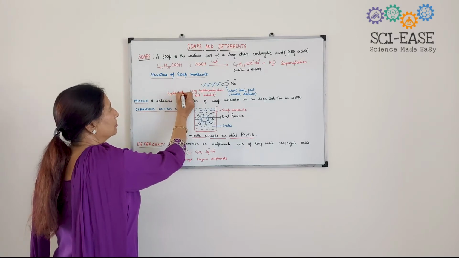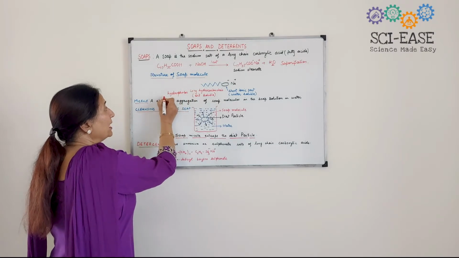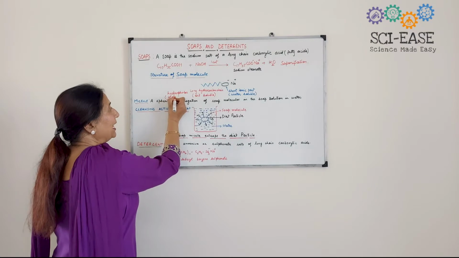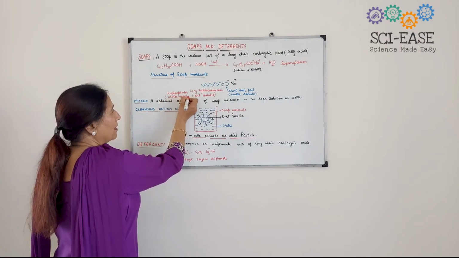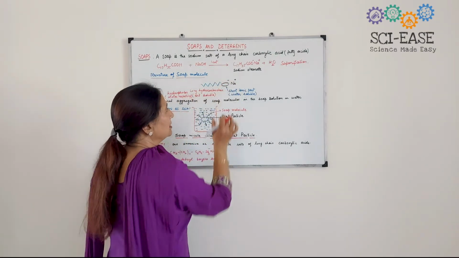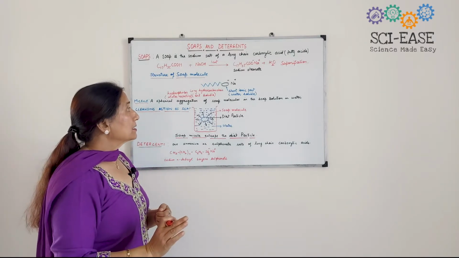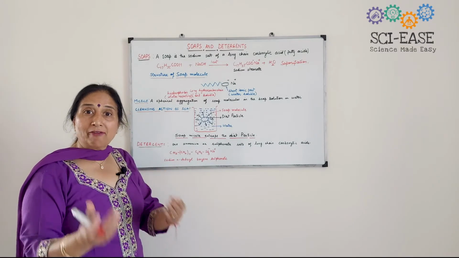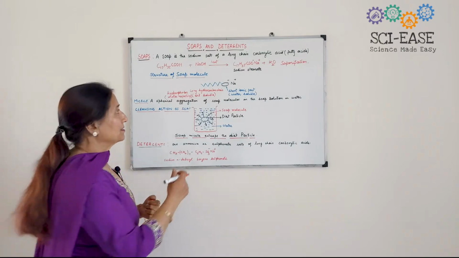What do we mean by hydrophobic? Hydro means water, so it is water repelling. And the second small part is the ionic part, which is water soluble and water loving, the hydrophilic part.